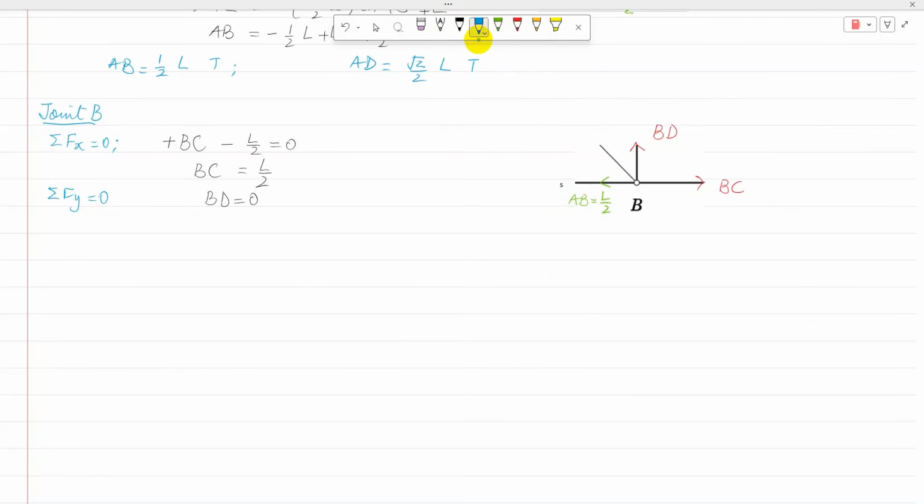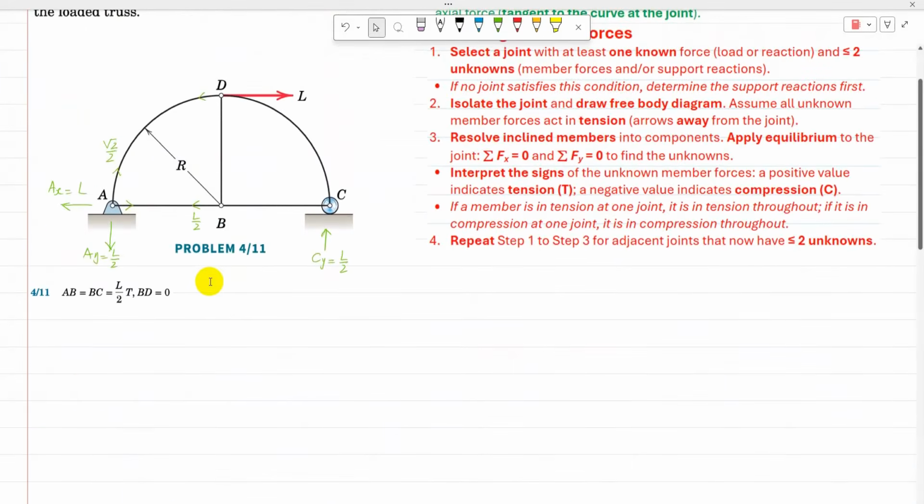So then I can write the answer. BC is positive, so it is L over 2 in tension, and BD is a zero-force member. Then I can plot BC and BD on the truss: BC is in tension with L over 2, and BD is equal to 0.